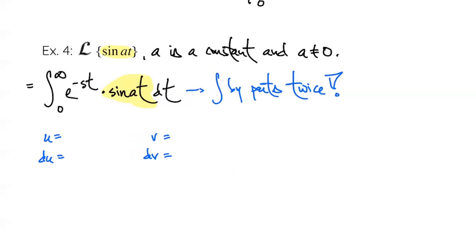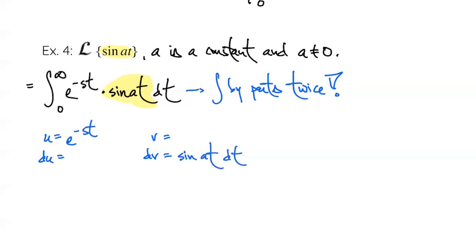But anytime you see a polynomial, that would most likely be your u. In this case, I'm going to choose the e as my u, so e to the negative st, which means that the rest of this, sine at dt, is my dv.